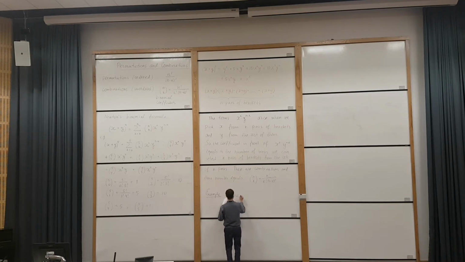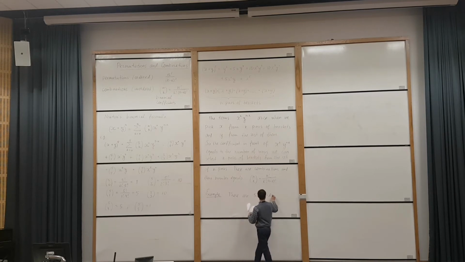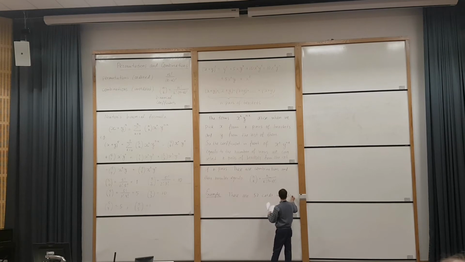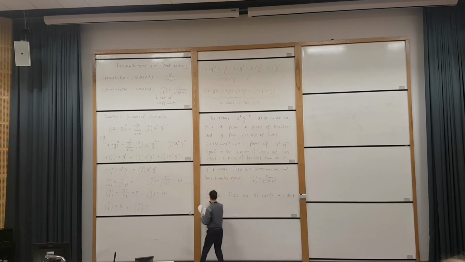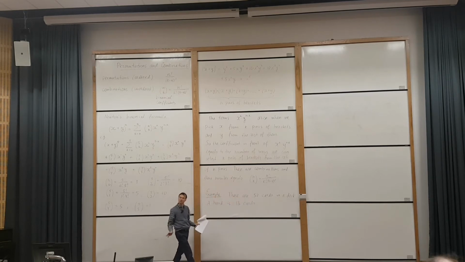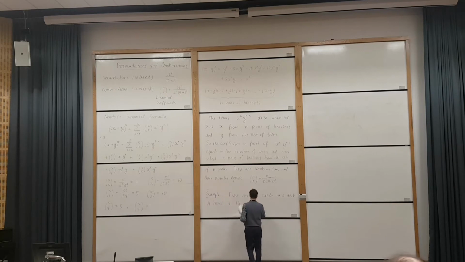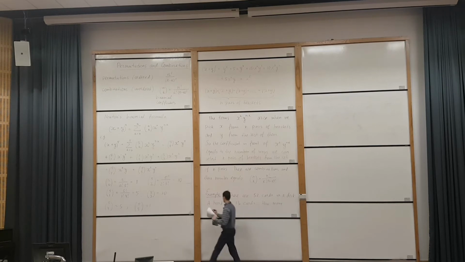It's given that there are 52 cards in a deck. A hand is 13 cards, and all the cards are different, no copies, of course. How many different hands are there?